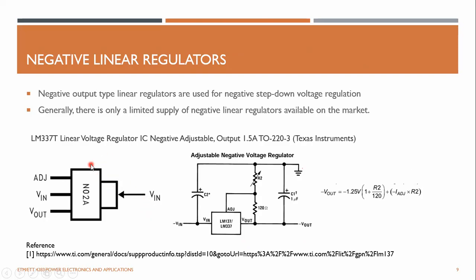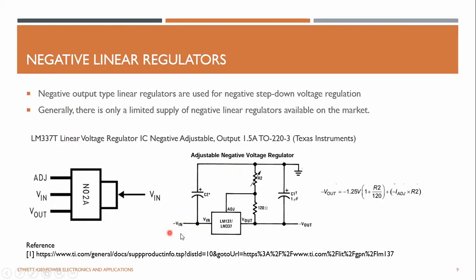That was all about the positive linear regulators, but there is also a common type, the negative output regulator type of linear regulators. They will step down negative voltages. They can come either adjustable or fixed output. This example will show you an adjustable negative output supply.